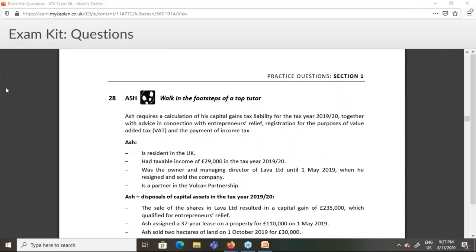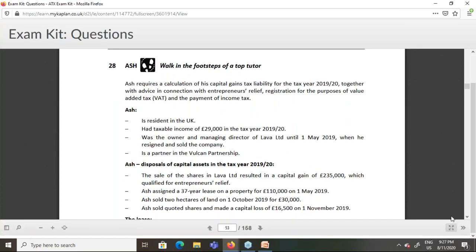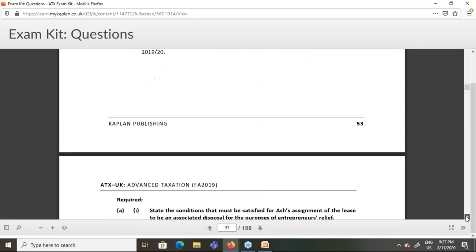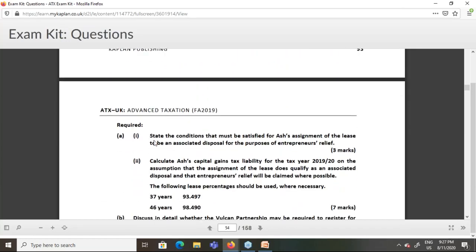Here, first we will read the required part. Roman 1, state the conditions that must be satisfied for Asher's assignment of the lease to be an associated disposal for the purpose of entrepreneur's relief.